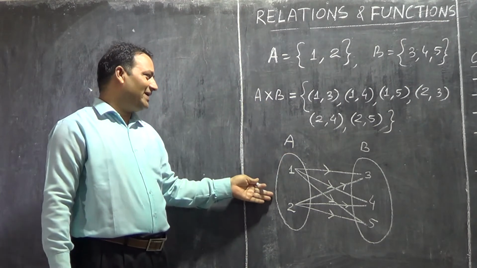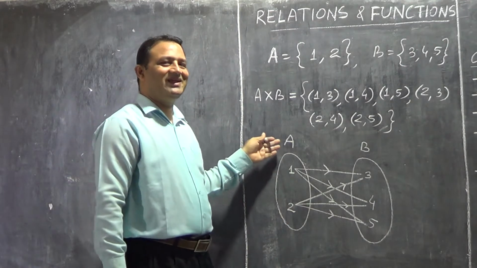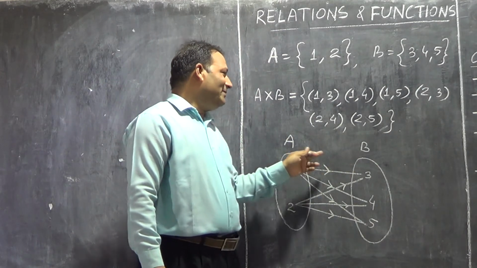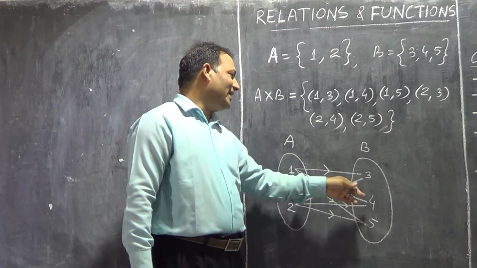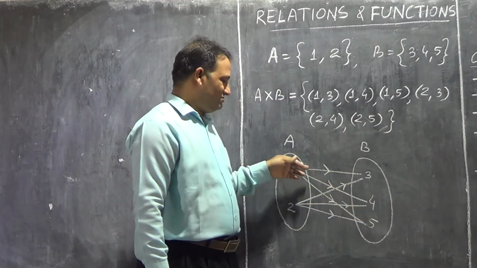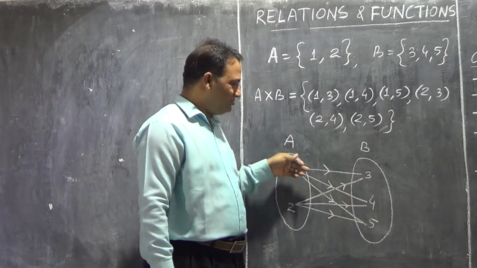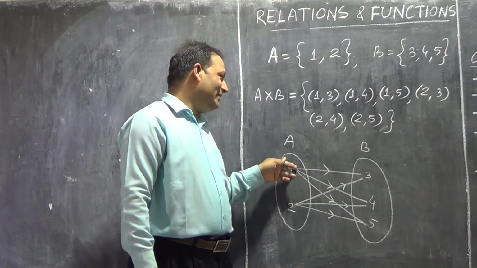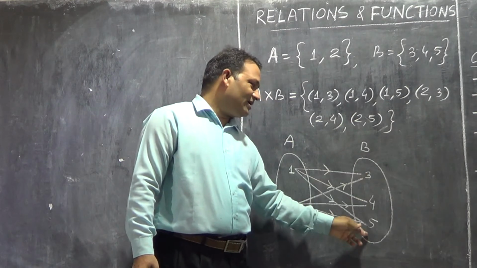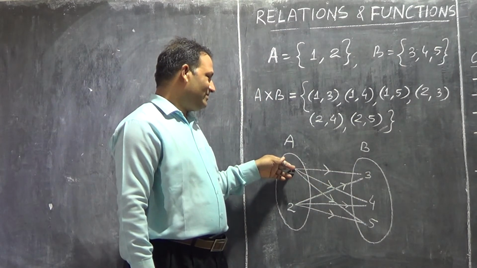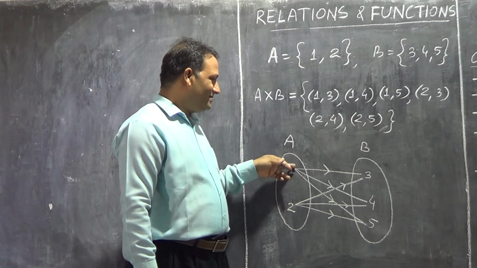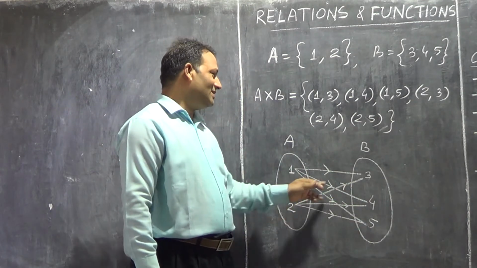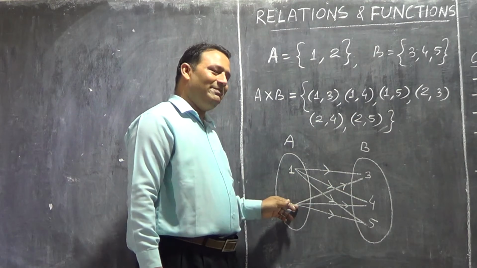Just put all the elements of A in one oval shape, or you can put it in a rectangular shape also, B in another shape, and then from every element of A, you draw an arrow to each element of B. From the first element of A, 1, it is joined with each element of B, that is 3, 4, 5. 2 is also joined with each element of B, that is 3, 4, 5.